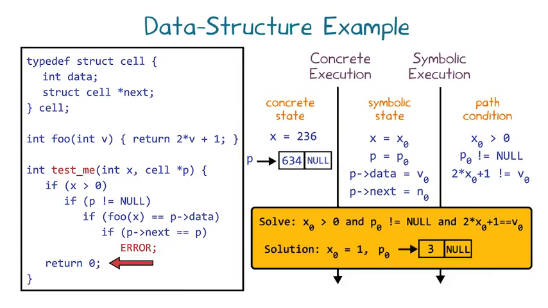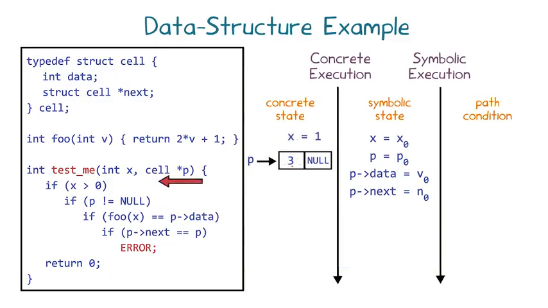The solver might come up with the following: changing x0 to 1 and v0 to 3 and otherwise leaving the inputs the same. DSE will then run testMe again with the new input values, adding the appropriate symbolic constraints to the path condition as each branch condition is evaluated.